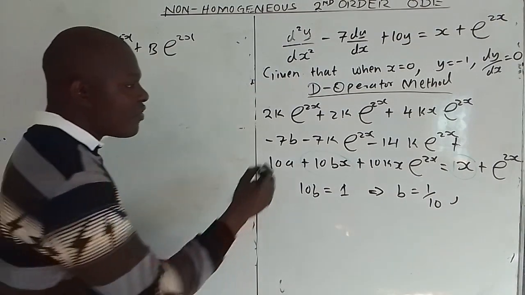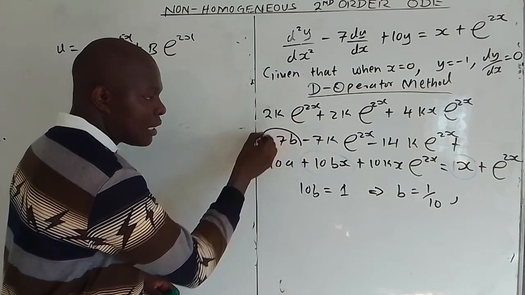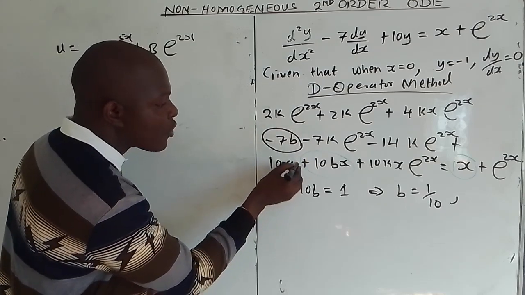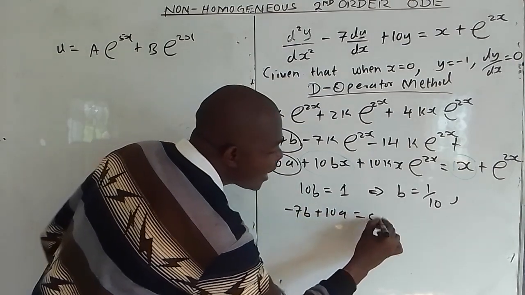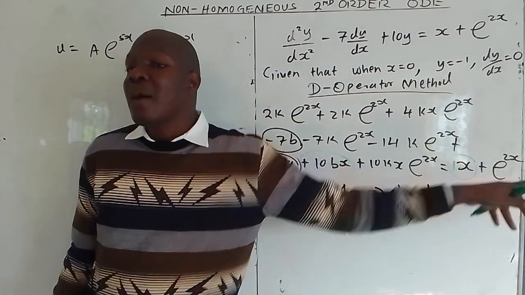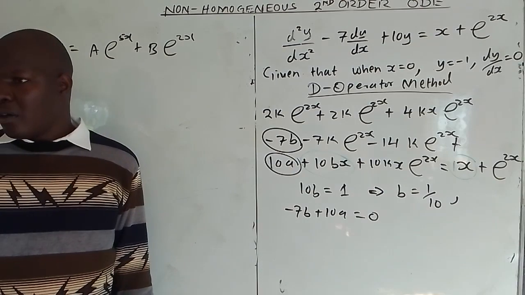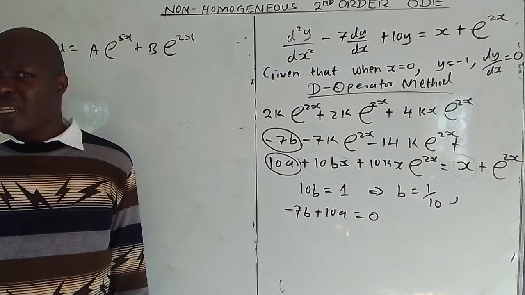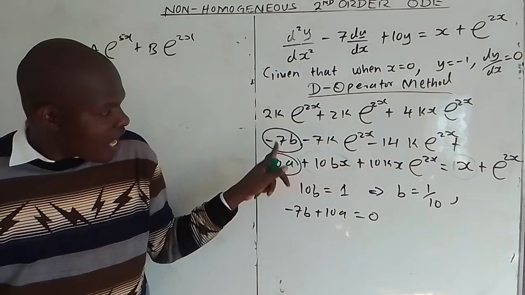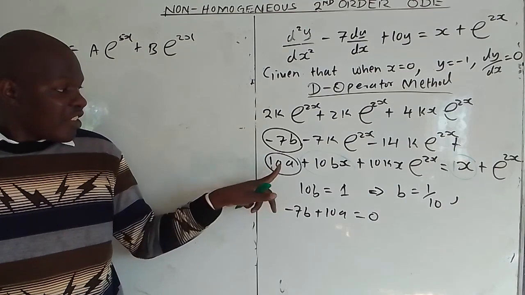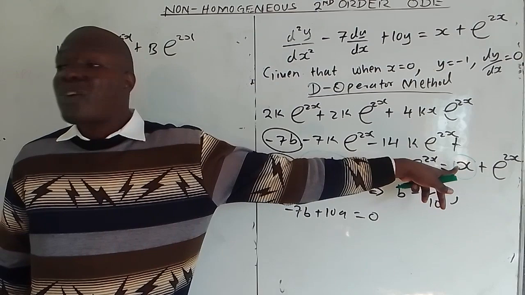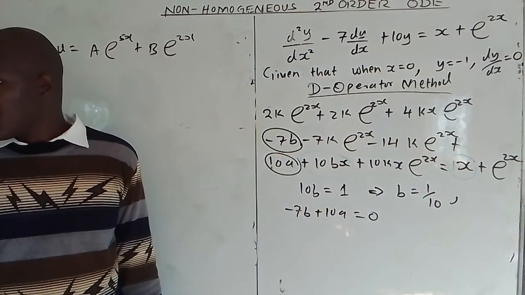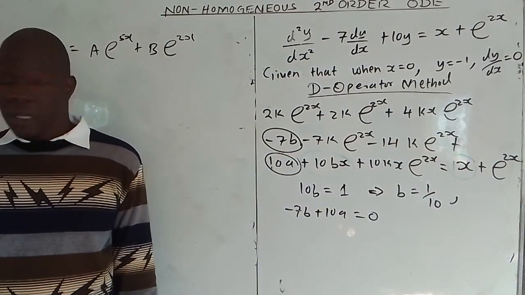Look at this. This is negative 7b and positive 10a. So it is minus 7b plus 10a is equal to 0, because there is no constant term on the other side. See, there is no other constant term. There are only these two. Meaning this positive 10a and negative 7b are equated to 0 because the constant term on the other side is 0, isn't it? Is that okay? So what do you get?